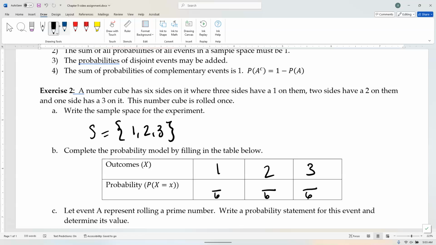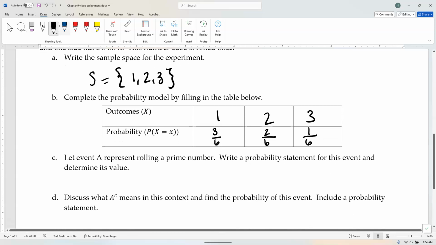So there are 6 total sides of the cube. How many of them are a 1? Let's see, 3 sides have a 1 on them. So that'd be 3 out of 6, okay? If you want to simplify these, feel free. Number 2, how many sides have a 2? 2 of them, right? And then one side has a 3. Okay, there we go. So that's our probability model. Probability model is just a listing of all the probabilities for the given events.